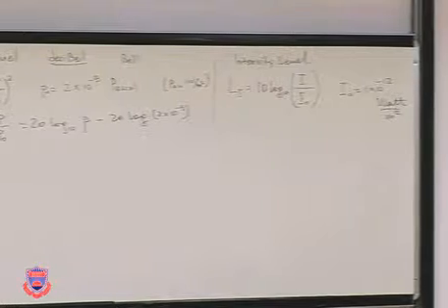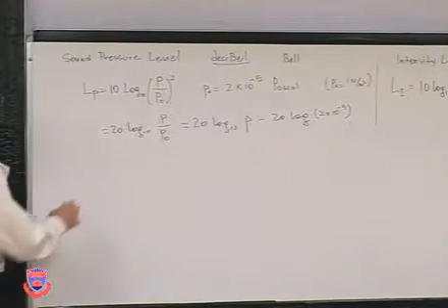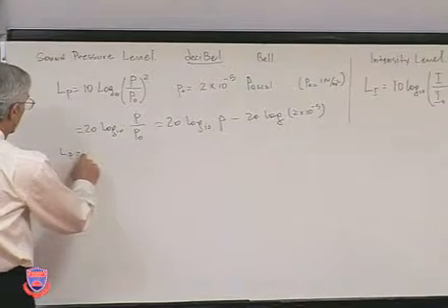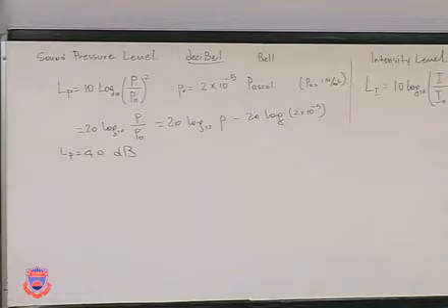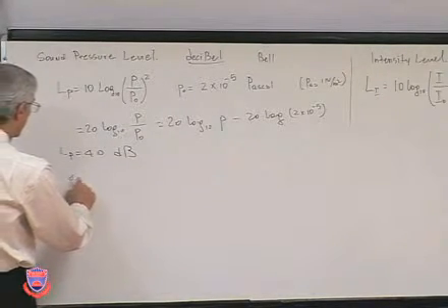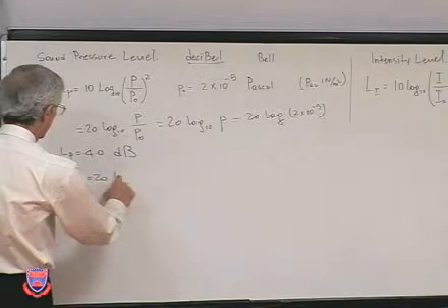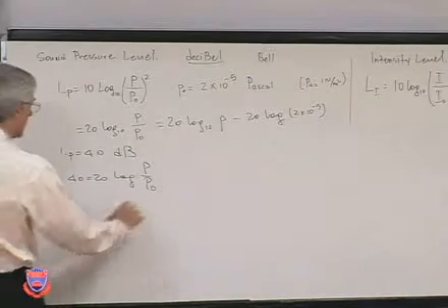Okay. So the question here is, if you have Lp equals 40 dB, what will be the sound pressure? Sound pressure itself. What is P? Well, very simply, 40 is equal to 20 log P over P0.